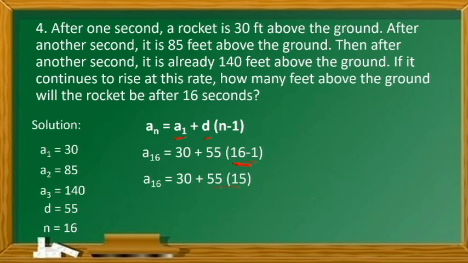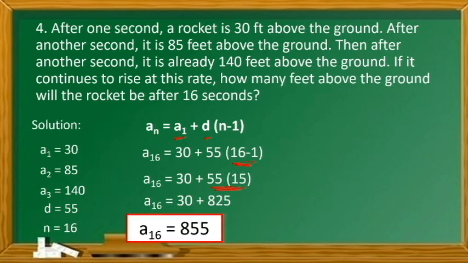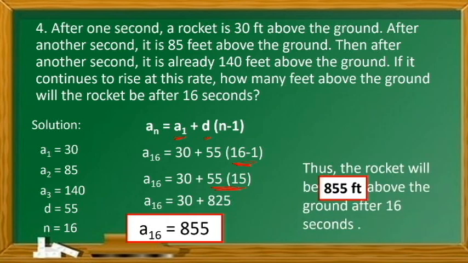Then next is multiply 55 and 15. So we have a sub 16 is equal to 30 plus 825. Then next, we add 30 and 825. So we have now a sub 16 is equal to 855. Thus, the rocket will be 855 feet above the ground after 16 seconds.